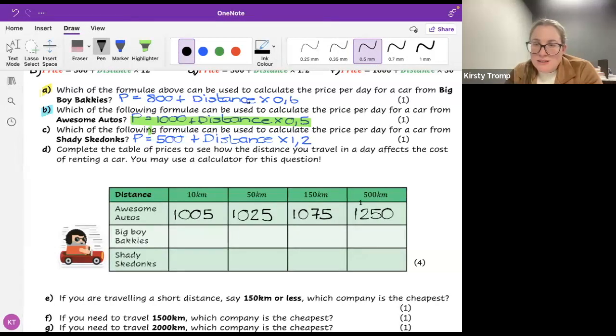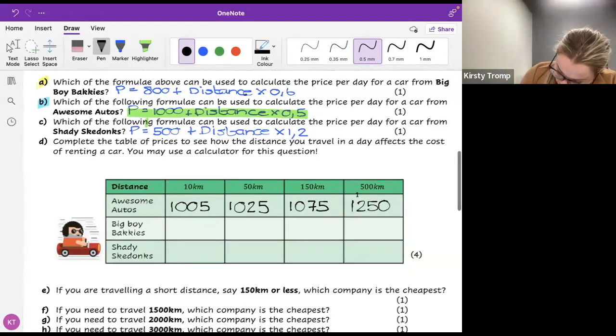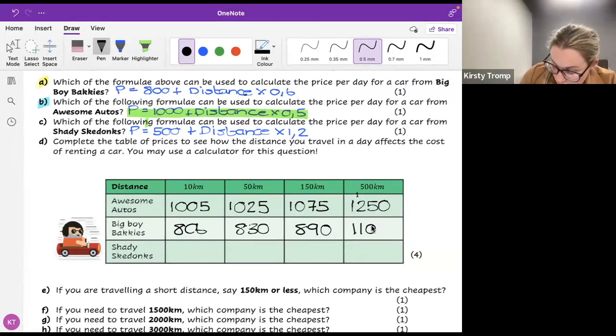All right, guys, we're running out of time, so I'm going to fill this table in for you. Thank you so much to everybody who put their hands up, but let's fill in the table quickly together. Let's have a look at the right answers. For Big Boy Buckies, we should have had 806, 830, 890, and 1100.